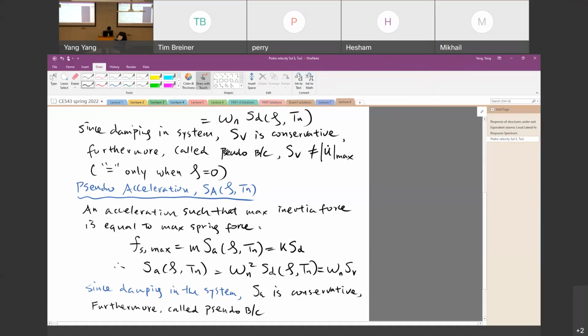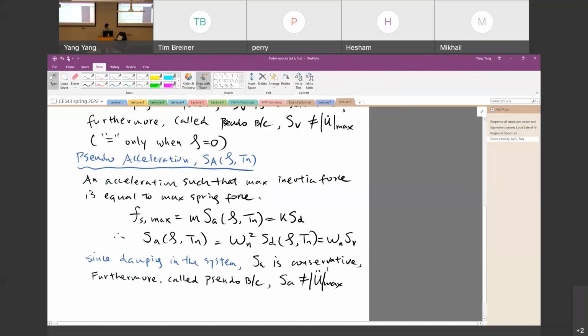It's called pseudo because the pseudo spectral value is not equal to the actual maximum acceleration.